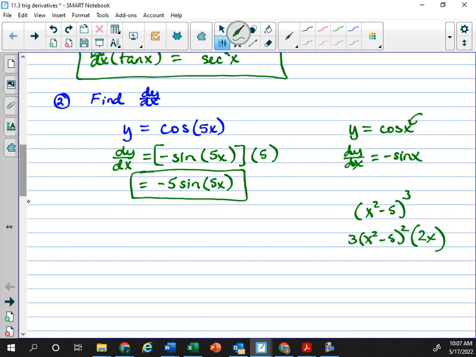Yeah, like you could even think, okay, I'm going to let u equal 5x. So now I've got the cosine of u that I'm finding the derivative of. So you would say negative sine of u, and then you'd have to do du dx, because we still need that derivative. So then when you plug that back in, u was 5x, and du dx is 5.